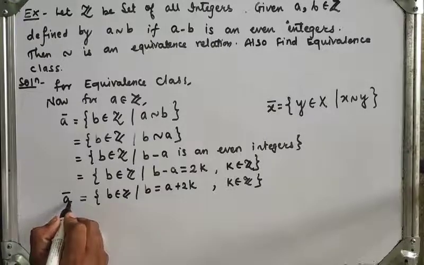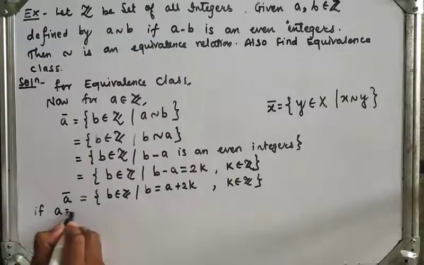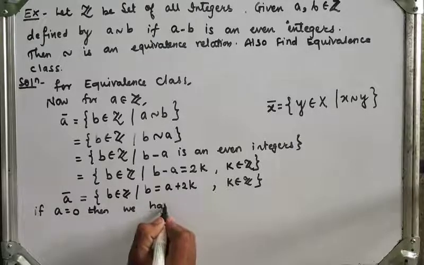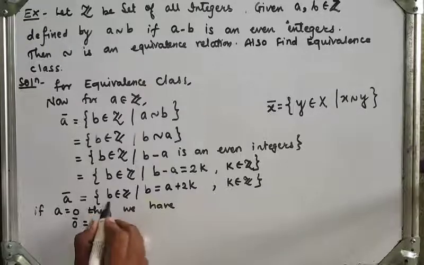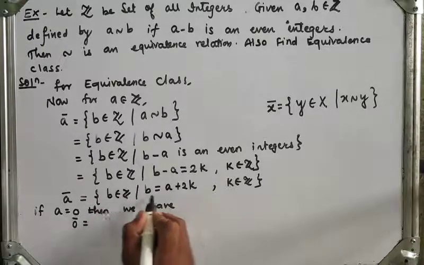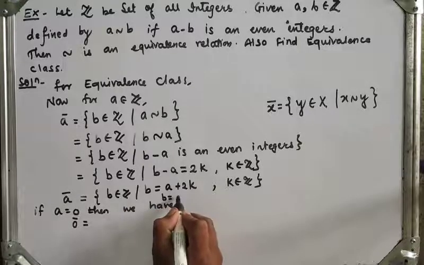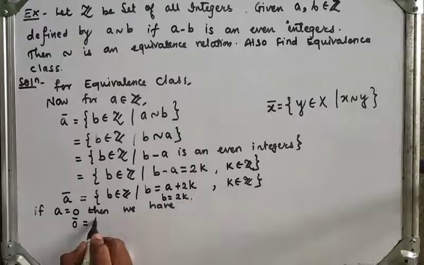Now if I put a is equal to 0, then what will I get? So the equivalence class of 0 is equal to the set of all those b belongs to the set of integers such that, here a is equal to 0 means b is equal to only the elements of the form 2k, which means all the even integers.